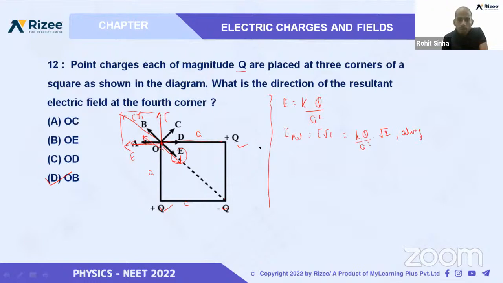along the OB direction, OB. Now we find the electric field due to minus Q. What will it be? It will be E is equal to KQ by, what will we write as distance?